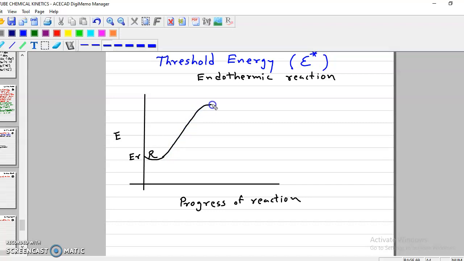And reactant will absorb some amount of energy up to certain extent and they form activated complex now. So this is activated complex and the state is not either reactant or product, so we call it transition state.